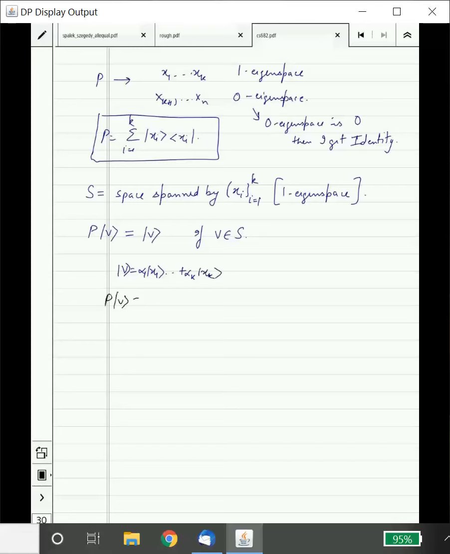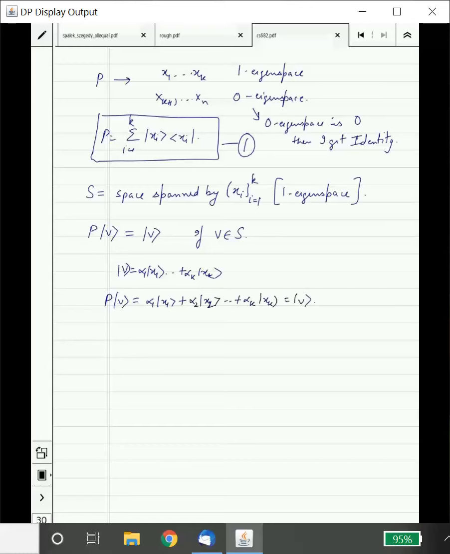You can check that when I multiply PV, x1 will only interact with the first term in my equation 1. I will get alpha 1 x1, alpha 2 x2 will only interact with the second term in equation 1, and I will get alpha 2 x2, up to alpha k xk, which is my V vector itself.